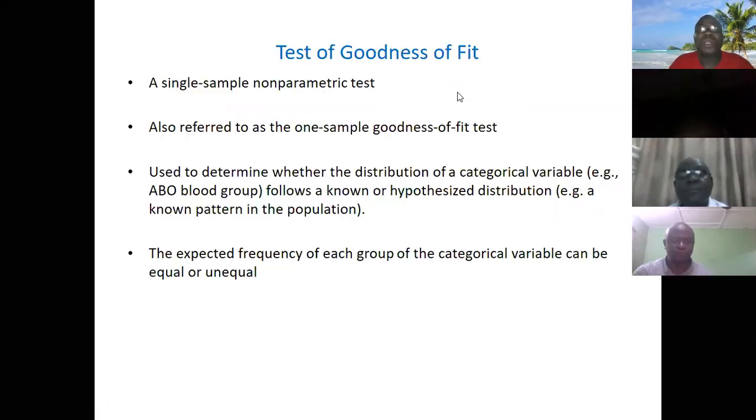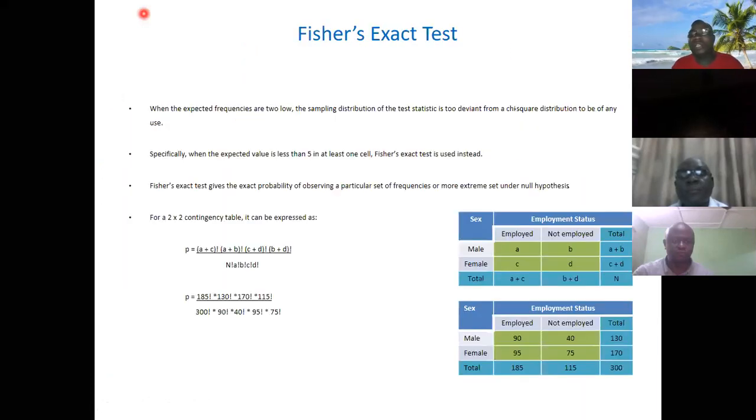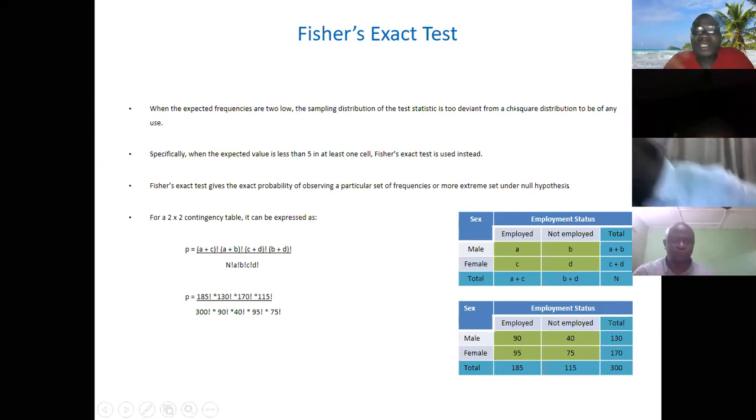So what I want to quickly look at is, let's quickly talk about the Fisher exact test. We have already talked about it anyway. I was telling you about the formula, but it's very useless. You don't need it, because it's just for you to know the concept. It's direct probability. It's just for you to know when to use it.